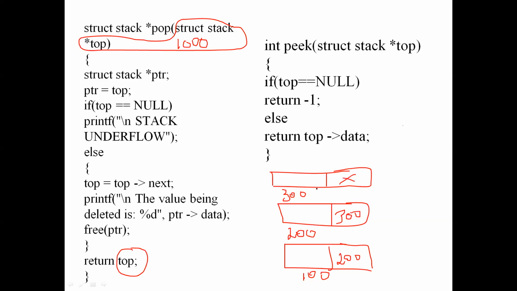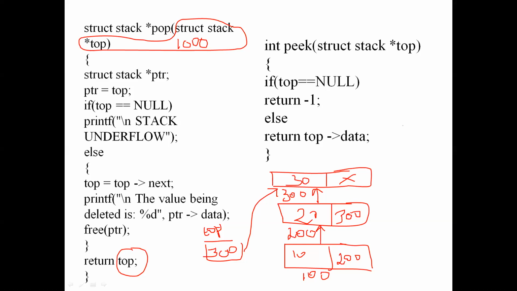I'm drawing the arrow mark also, which means it is pointing to the next element. So top will hold this element, 300, in our case. And the data fields are 10, 20, 30.